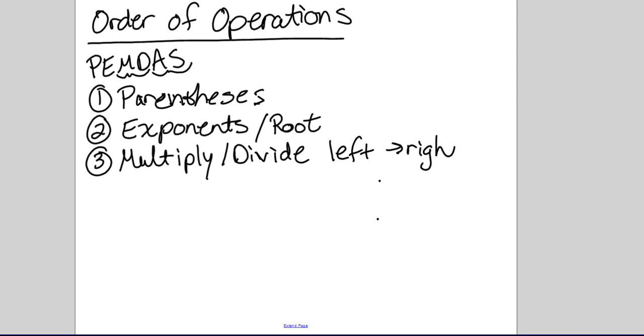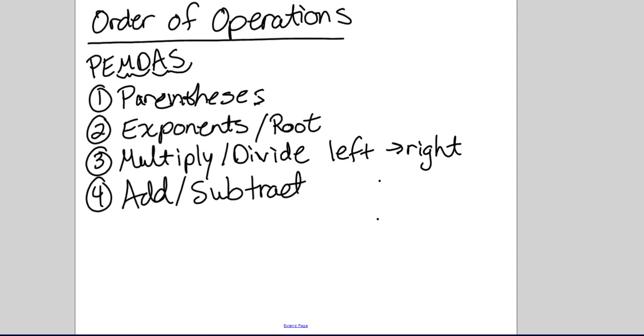We need to always do this in one step from left to right. And then add and subtract as well. It's a good idea to always go left to right, especially when we get into negative numbers. It gets pretty confusing if you don't always go left to right.